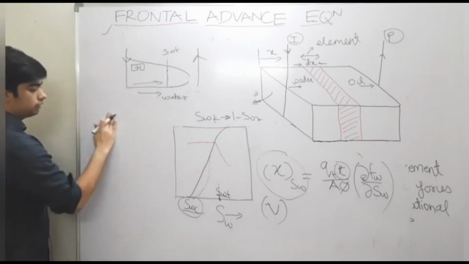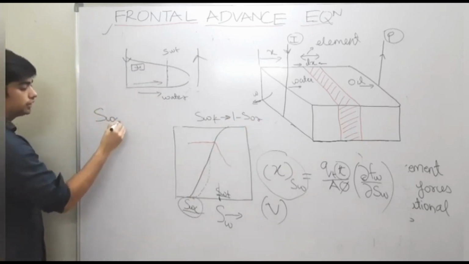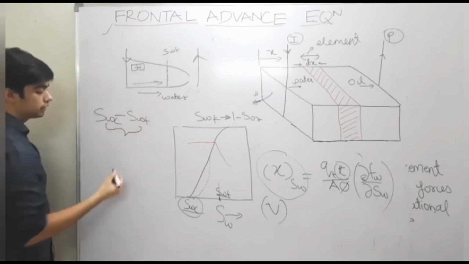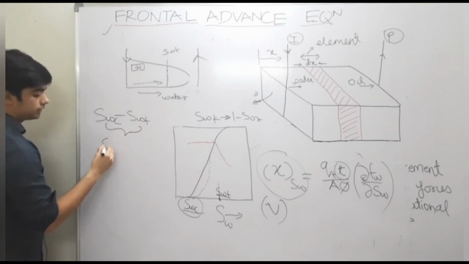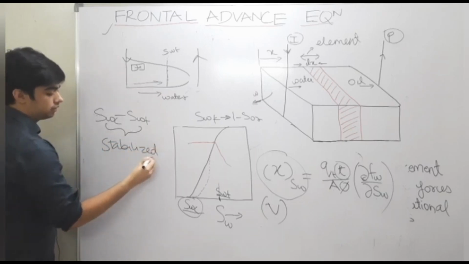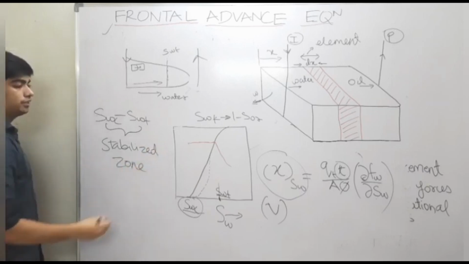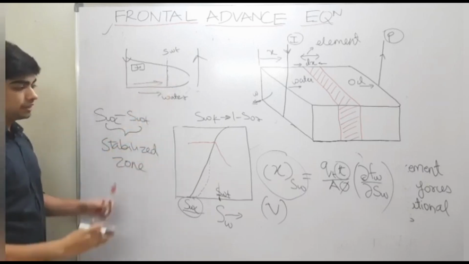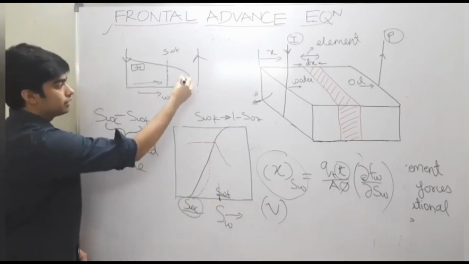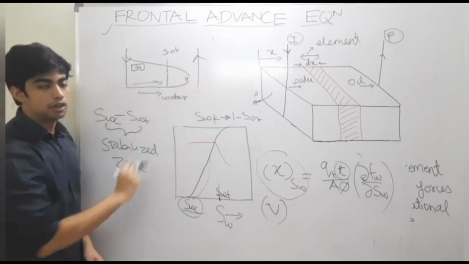Therefore, SWC to SWF, this block is called the stabilized zone, because there is no separation in this region, everything is traveling together. ये आगे वाला भी आगे बढ़ रहा है तो ज़्यादा saturation वाला block भी पीछे पीछे आगे बढ़ेगा.